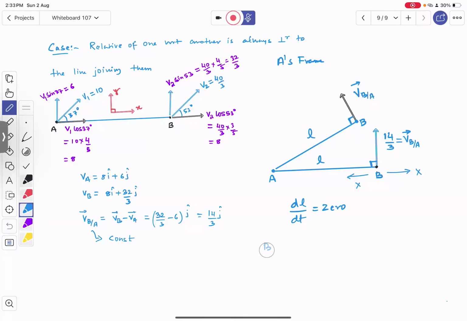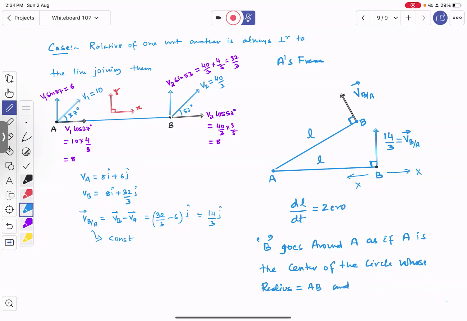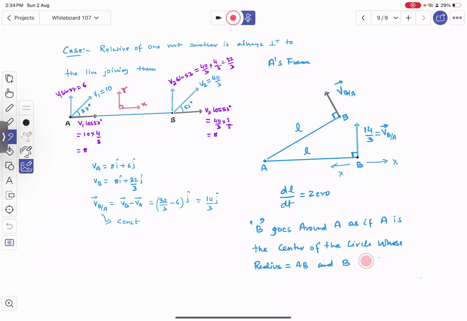So in this case, point B goes around A as if A is the center of a circle whose radius is equal to AB, and B undergoes circular motion. No?